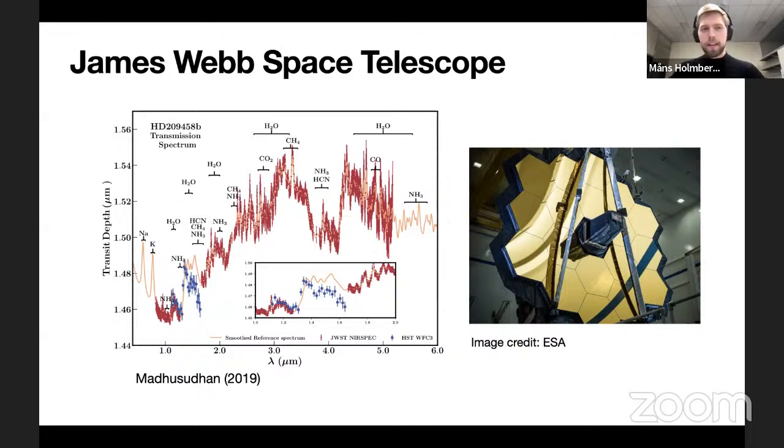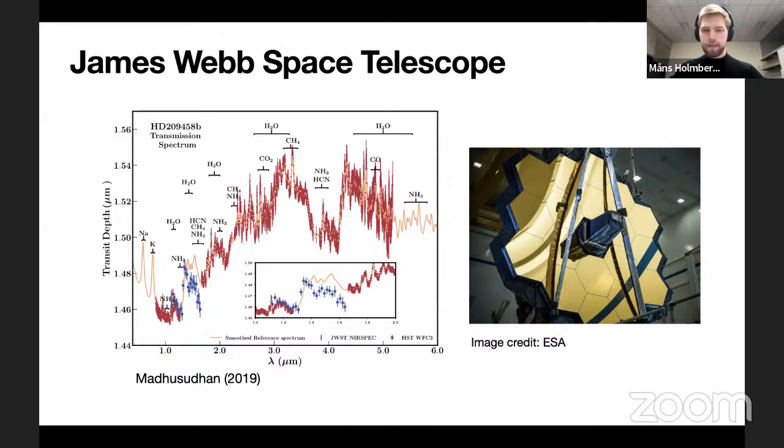However, we can use the James Webb Space Telescope, which launched not that long ago, I think it was Christmas Day, and has now been traveling to its Lagrange point, which is where it will stay and do its observations.